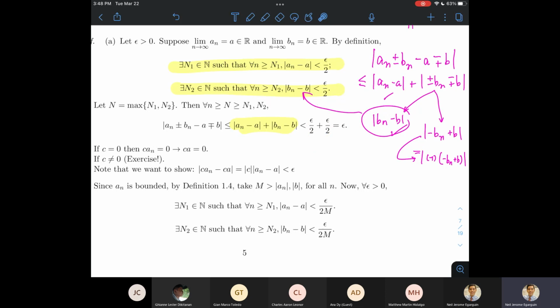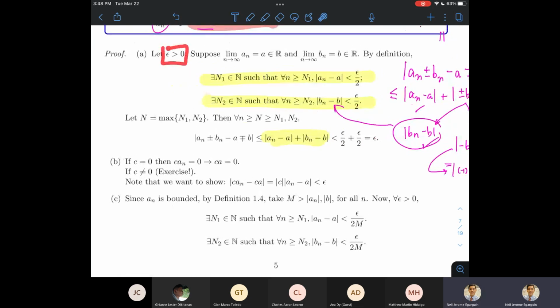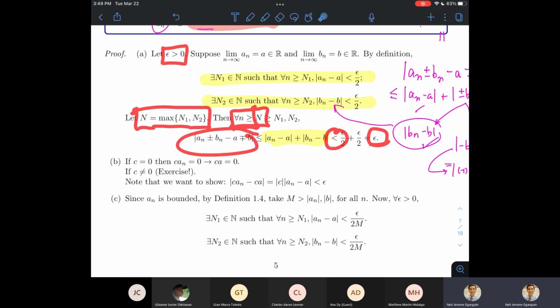Okay? Now, in summary, we have shown that for all epsilon greater than 0, there exists a capital N, which is equal to the maximum between N1 and N2, such that for all little n greater than or equal to capital N, this absolute value is less than epsilon, which is the very definition of the limit.